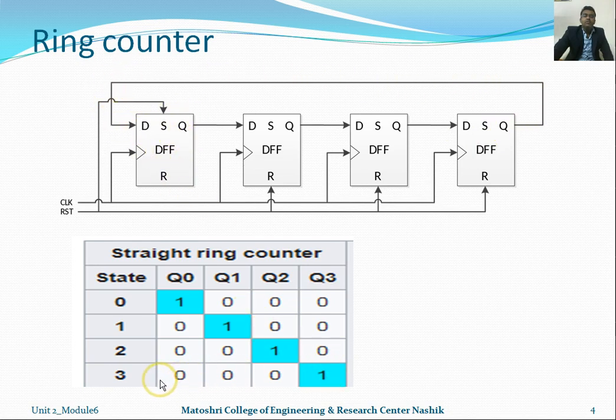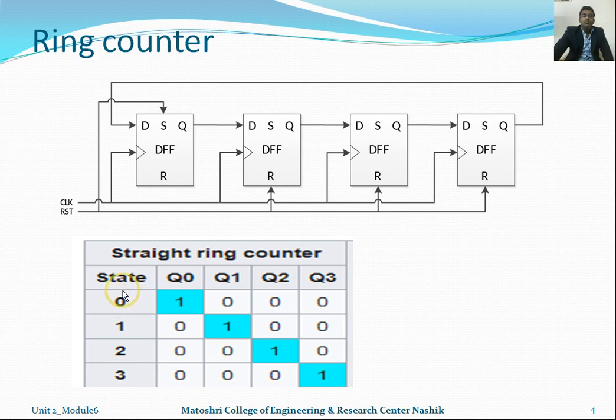This means after the fourth state 0 0 0 1, we get the state 1 0 0 0. So Q0 becomes 1, and the remaining 3 flip-flops become 0 for this state.